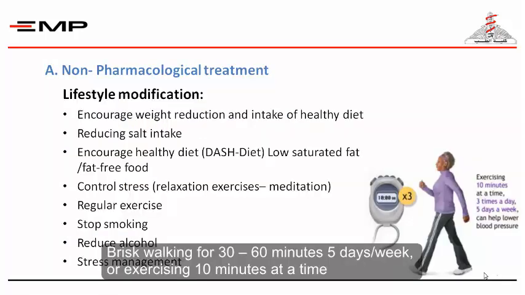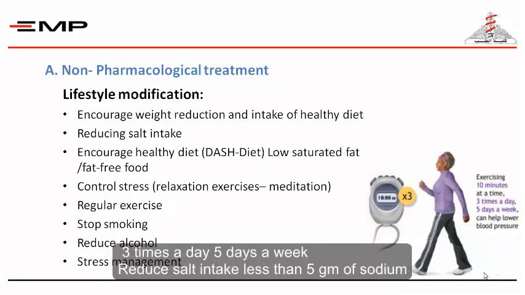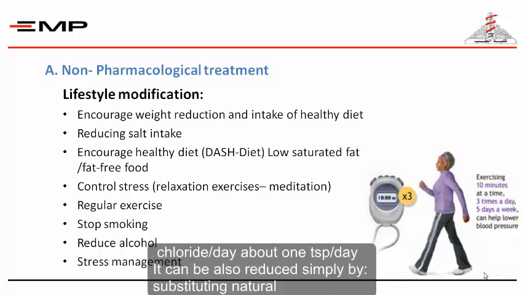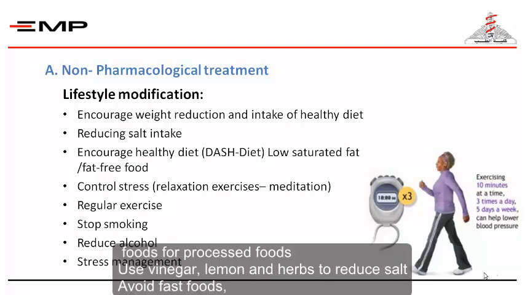The non-pharmacological treatment, as we all know, depends on lifestyle modification. It's changing the behavior of the patient in his life, so we will encourage weight reduction and intake of a healthy diet. We will ask him or her to reduce the salt intake and encourage a healthy diet, which is summarized as the DASH diet for hypertensive patients.